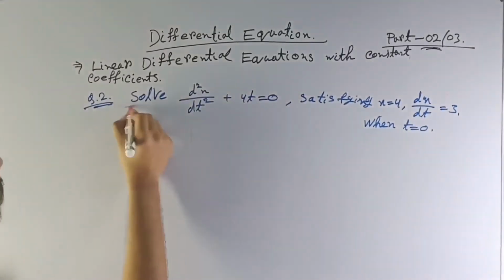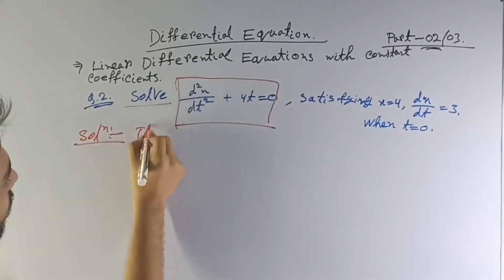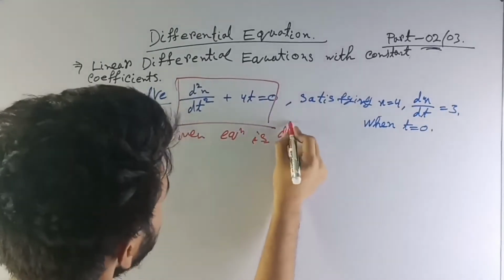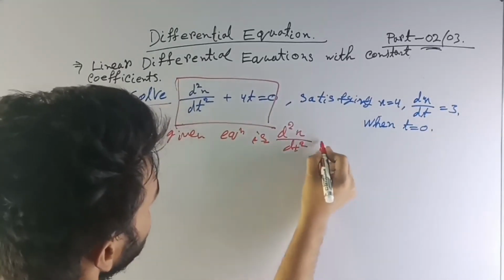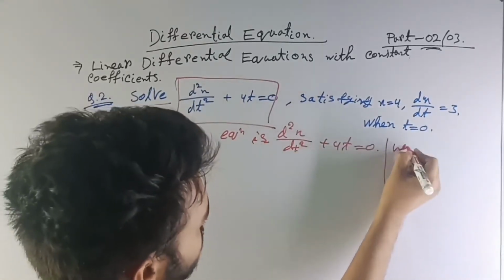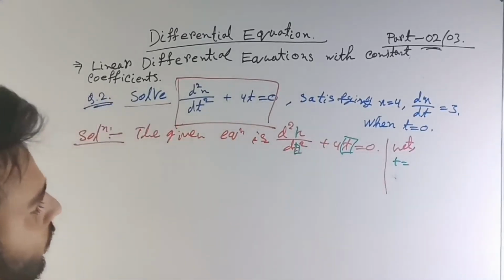So first of all, the given equation is this. The solution: the given equation is d2x/dt2 + 4x = 0.